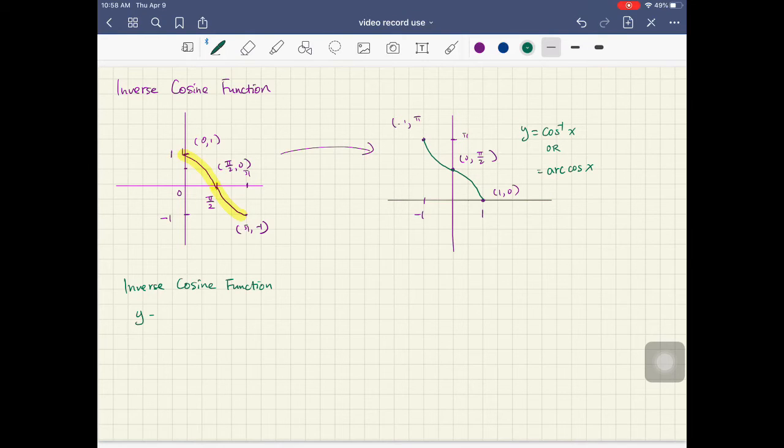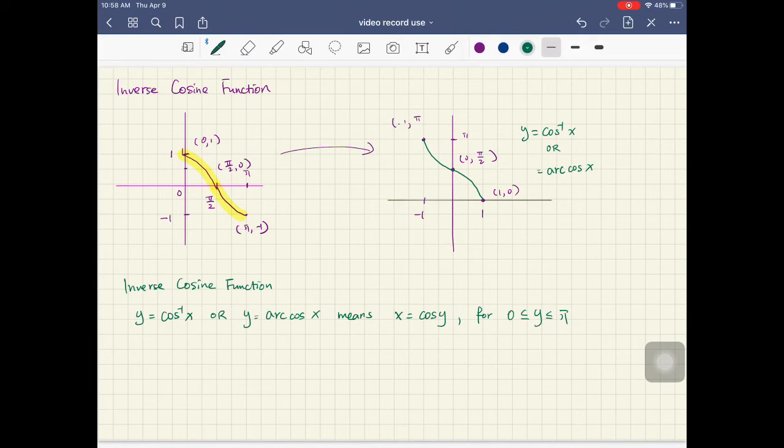We can call it either y equals cosine inverse of x or y equals arc cosine of x. That means x equals cosine of y, or cosine of y equals x. We do have a condition for y, where y is going to be between 0 and pi.